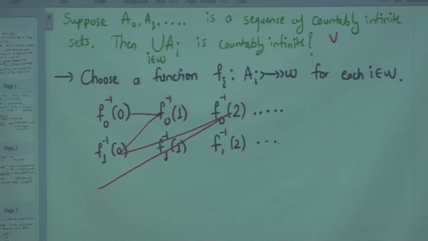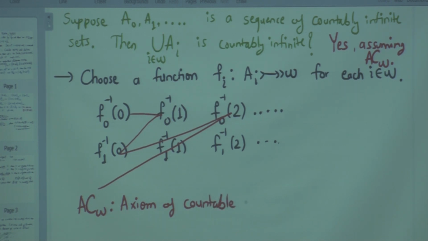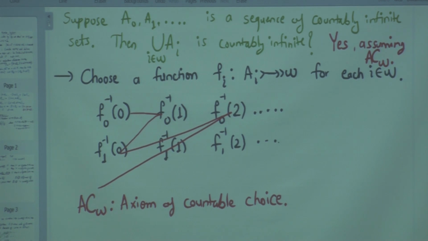So the answer is yes, assuming the axiom of countable choice. AC omega is the axiom of countable choice. Literally, it just says that you can make countably infinitely many choices at the same time.